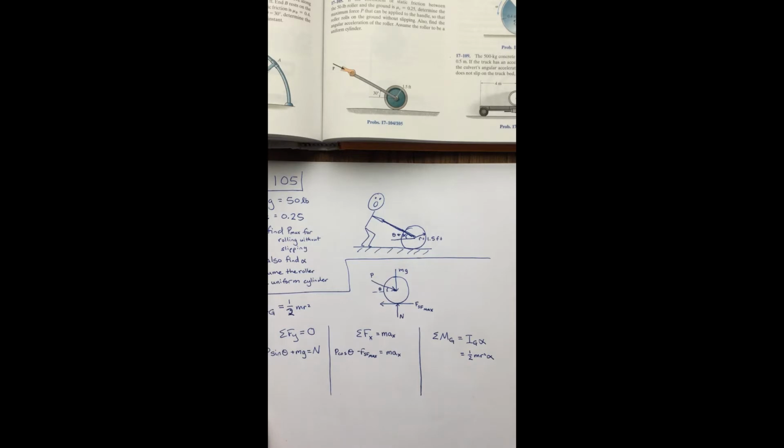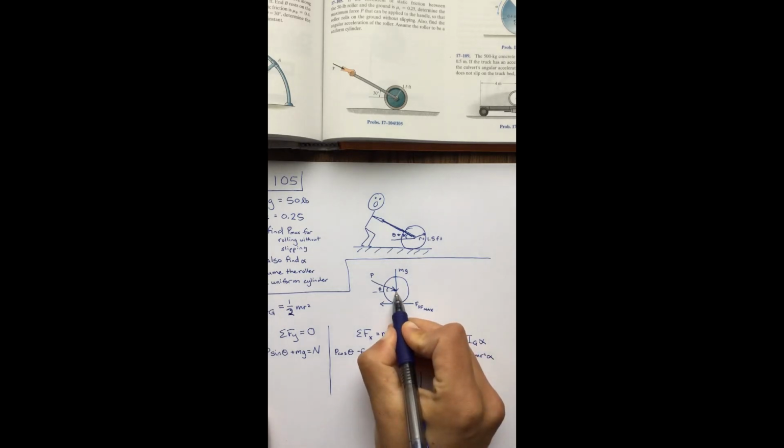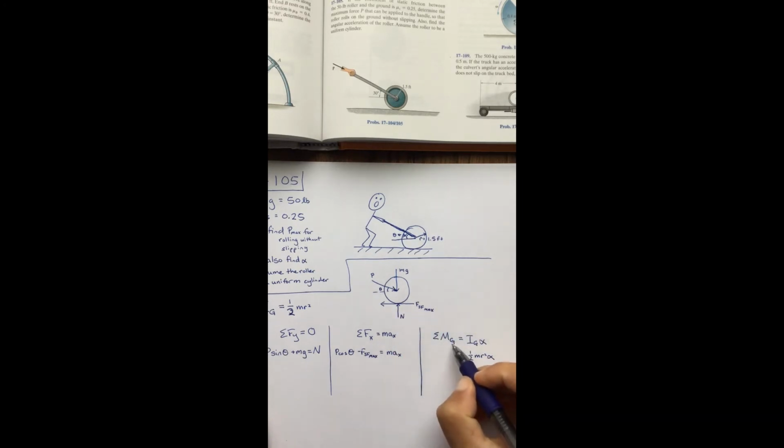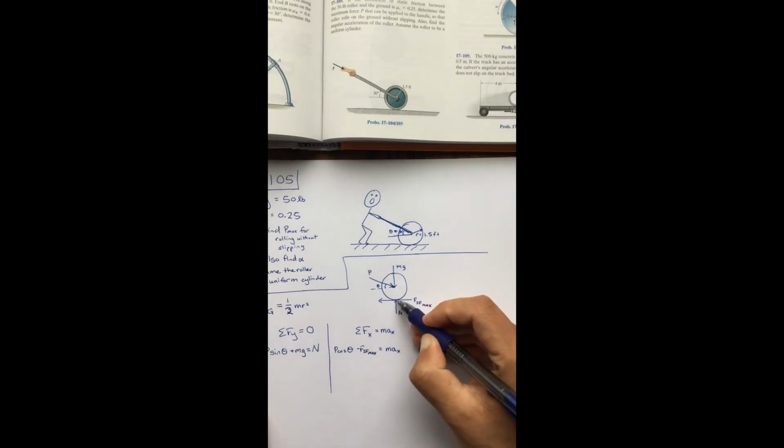For the sum of the moments about point G, since force P and the force of gravity are being applied right at this point, you get 0 for those two forces. And for the moment, you do the vector r, which goes from G, in this case, to where your force is being applied, and you do the cross product of r with the force.